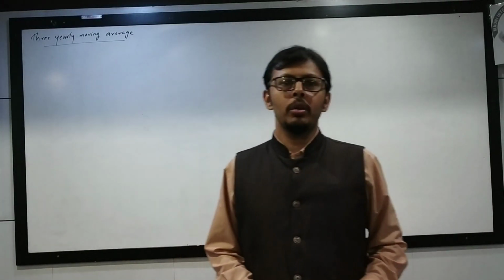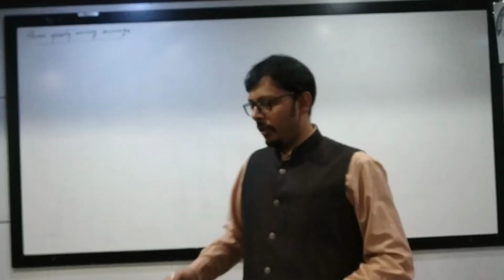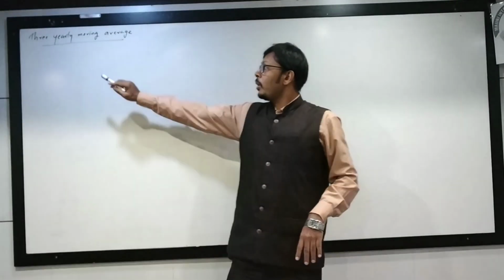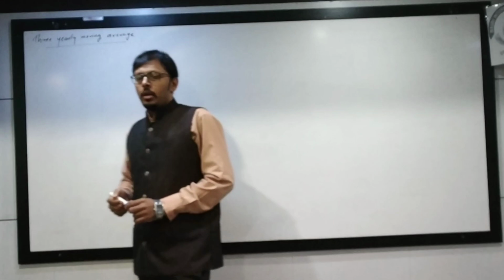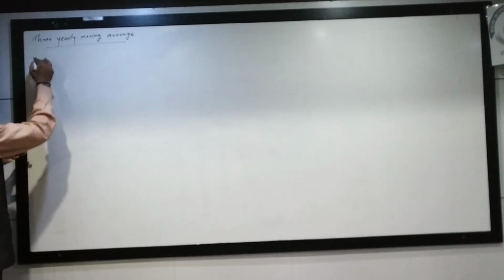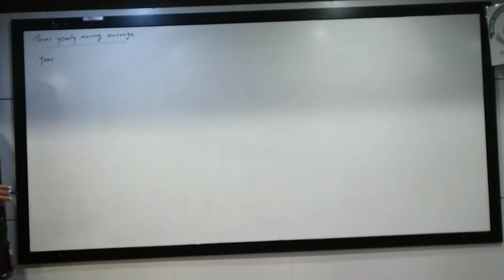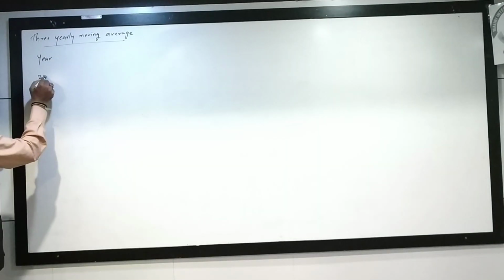I will be explaining to you with an example of moving average sums. First of all, I will explain the 3 yearly moving average. In the questions, there might be years given. Suppose 2001, 2002, 2003, 2004, 2005, 2006, 2007, 2008, 2009 and 2010.